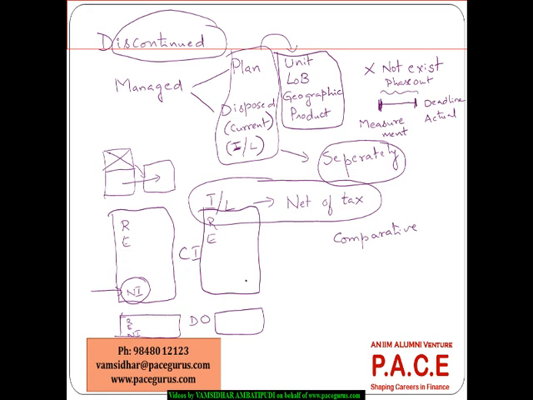If there is any kind of estimated loss on the measurement date, which is the date on which the plan has come out, if I am estimating that some kind of loss can come out because of that operation during the phase out period, that entire loss can be accrued.